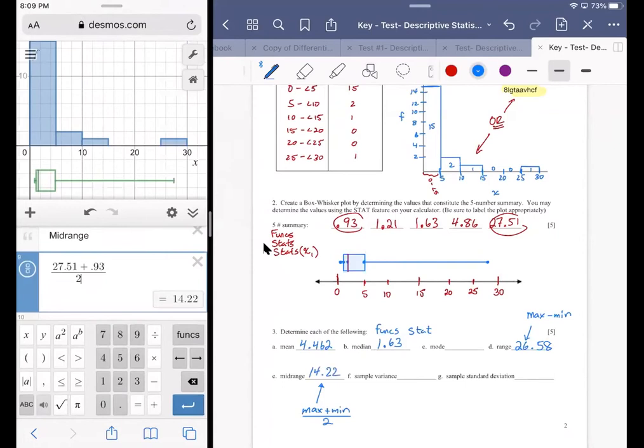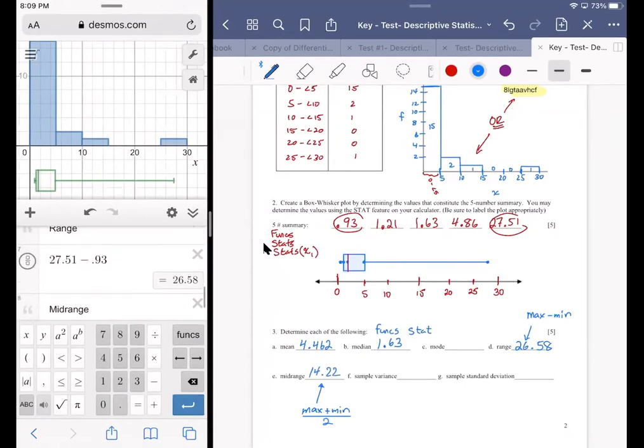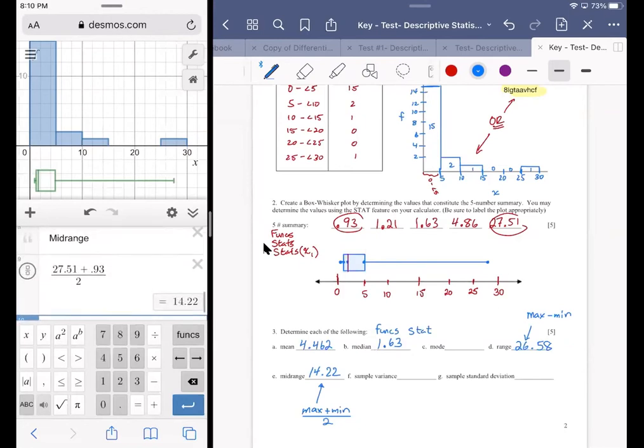But students who don't study or don't take good notes, let me just make sure I did that right. Yep. They often think that the mid-range is just half of whatever the range is. Well, the range is this, cut it in half. That's probably what the mid-range is. Well, it's not. So you just threw away a point.